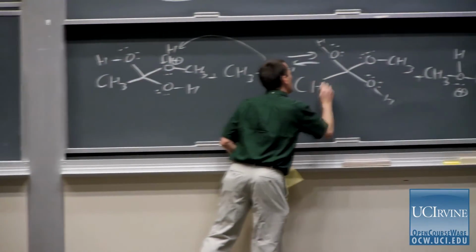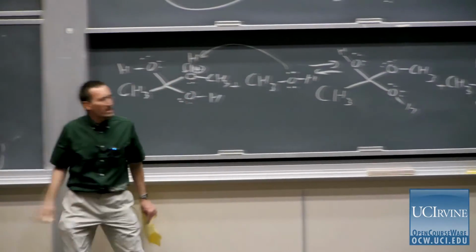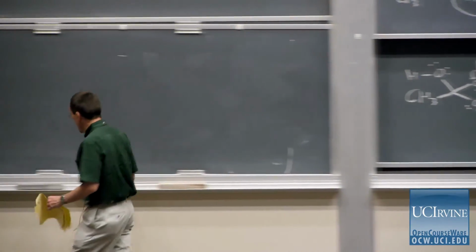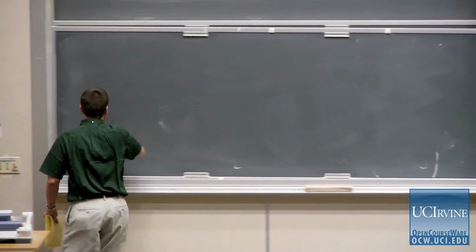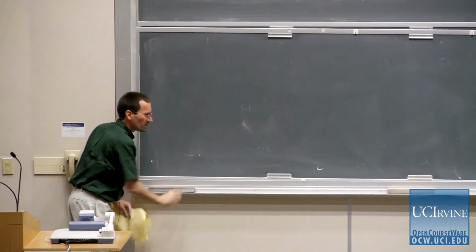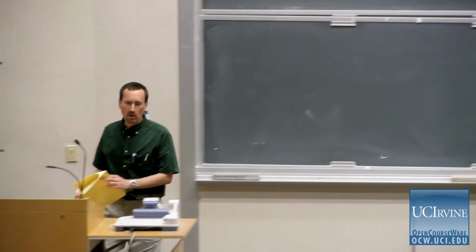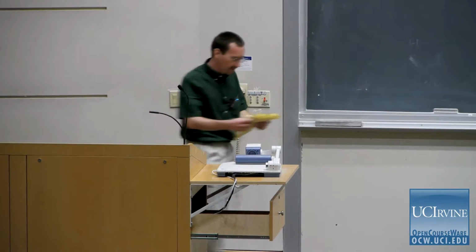But in general, tetrahedral intermediates are not stable. They're not something that you can isolate or put in a bottle. They're just a high energy species, stable enough that it's in an energy well, stable enough that it can sit around for a microsecond, but not stable enough that you could put it in a bottle.